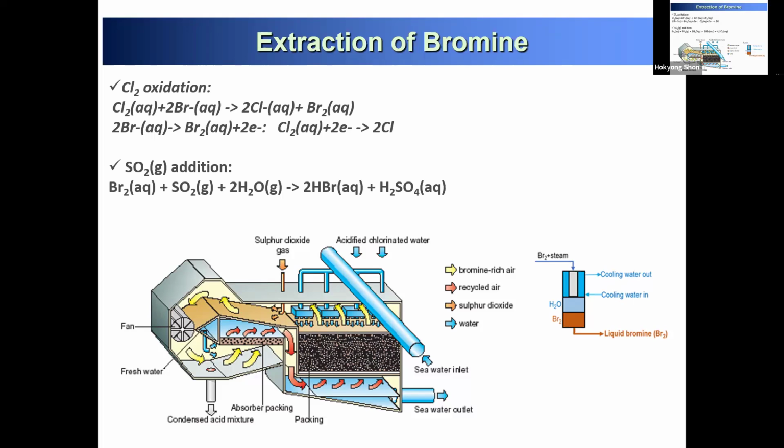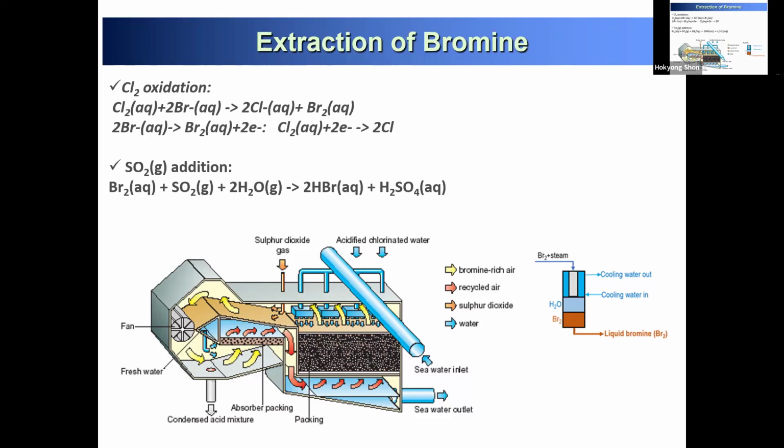So seawater goes there, the bromide concentration, they chlorinate, then oxidize bromide, and produce bromine gas. The bromine gas mixed with sulfur oxide is then brought to a high bromine concentration. So they can also utilize the bromide ion in seawater as bromine gas.